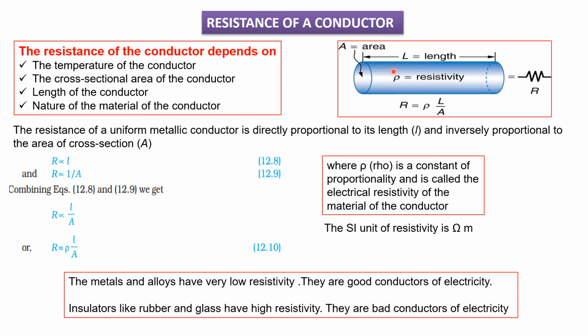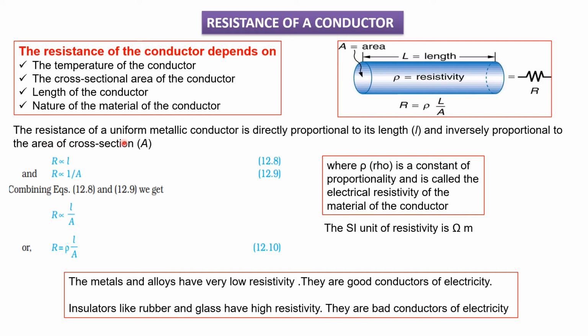That is a conductor or a resistor, and it depends on the type of material. It depends on the length, the temperature, and the area of the cross section. If the area is more, electrons can flow easily inside the conductor. If it is less, the resistance will be very high.